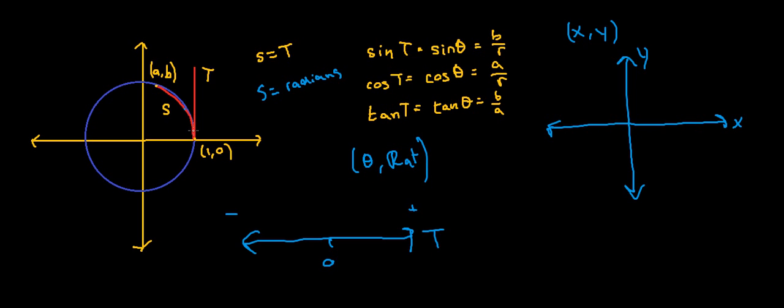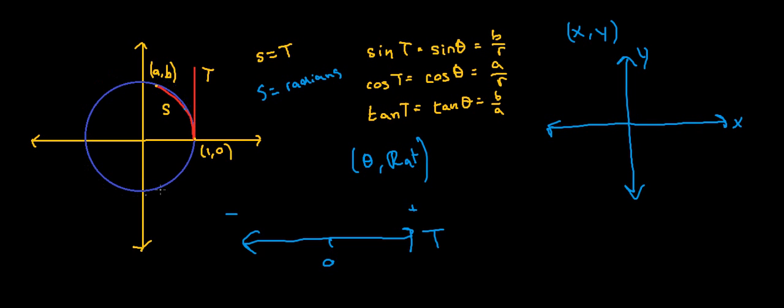The circumference of any circle is 2 pi times the radius, but here, since it has a radius of 1, it's just going to be 2 pi. So if I go around 2 pi, if I was thinking of sine, b over r, it would be 0.